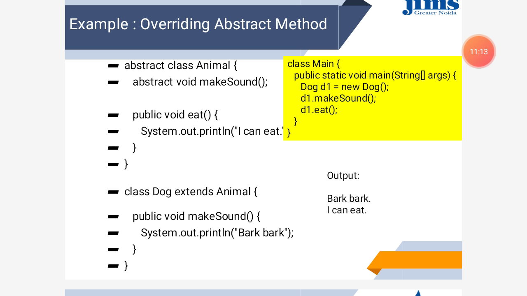So in this case the makeSound method will be overridden, the definition of the superclass will be washed out, and the definition of the subclass will be in the picture. In the third class, when we create an object of the Dog class and call the makeSound method and the eat method, we see the output. In the superclass there was no body, and that method has the same signature as the method of the child class. Then there is overriding of an abstract method.